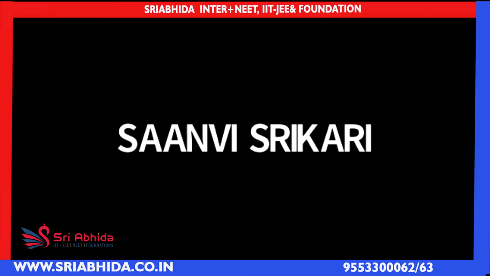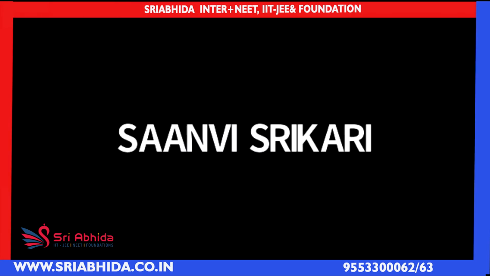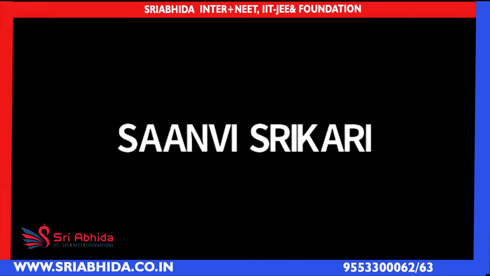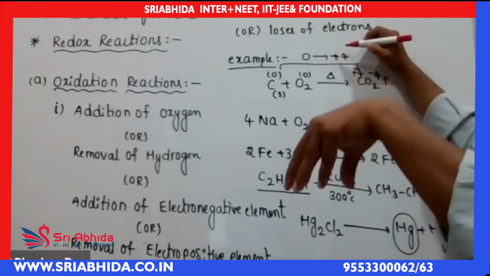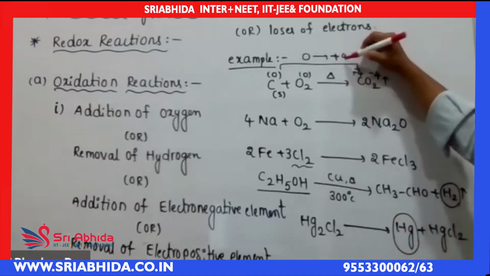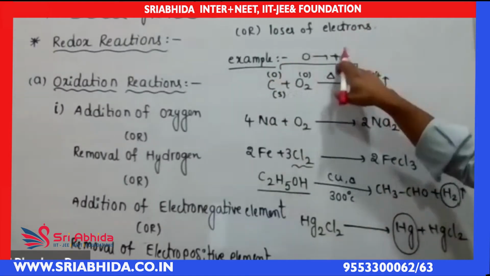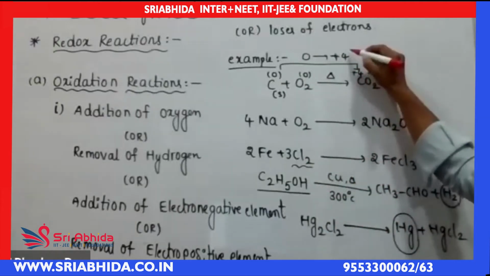That represents gaining of electrons, or losing of electrons? No, no, no. Look here, all of you. This plus sign represents loss. So this many electrons are lost. Here 0 to +4 means 4 electrons are removed.